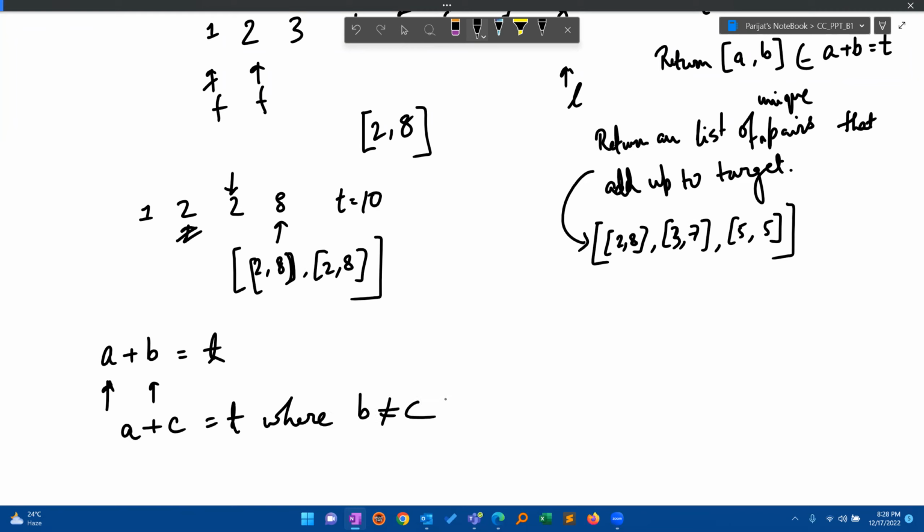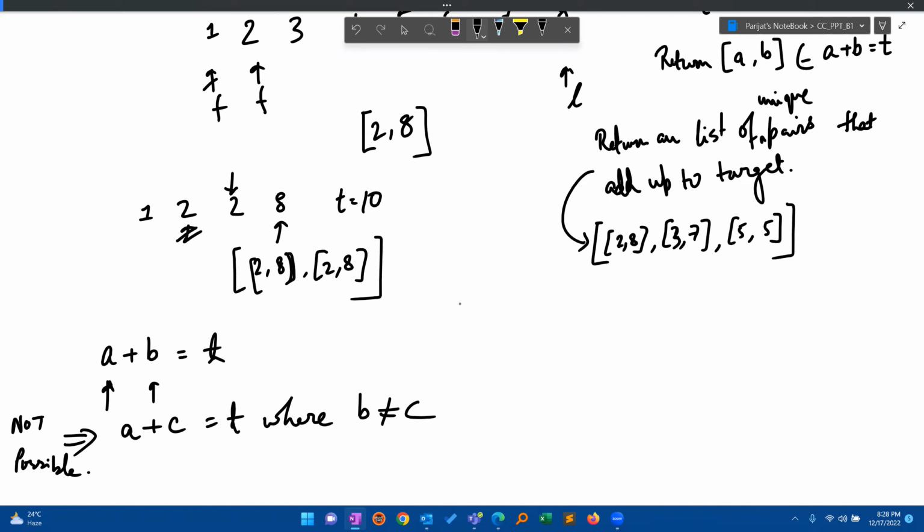It is not possible. So if a is part of the answer, b has to be part of the answer. And that's why if you find an answer, you move both the pointers, because you now know that 2 and 8 have already been solved for.